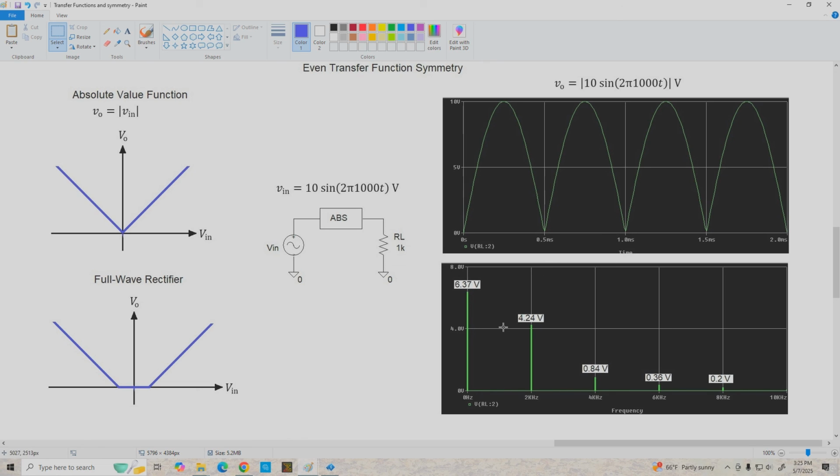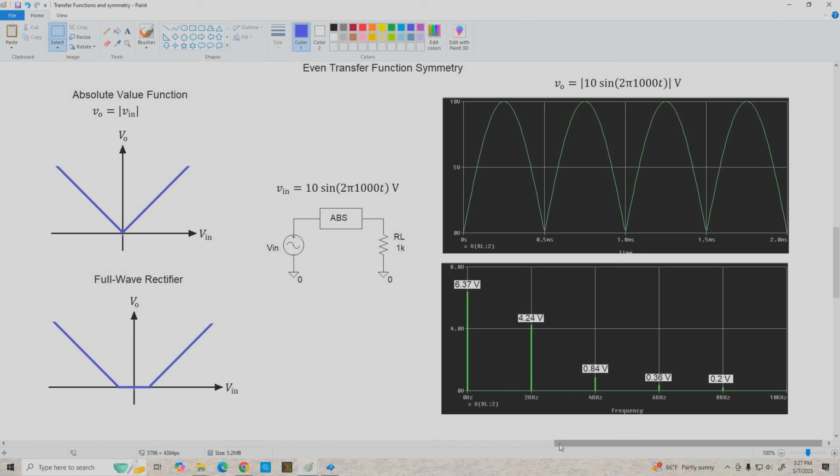And the spectrum for that signal is shown down below. We've got a large DC component, which we expect to get. It's the 0th harmonic. We also have 2 kilohertz, 4 kilohertz, 6, 8, and so on. So we are only getting the even harmonics on our output.